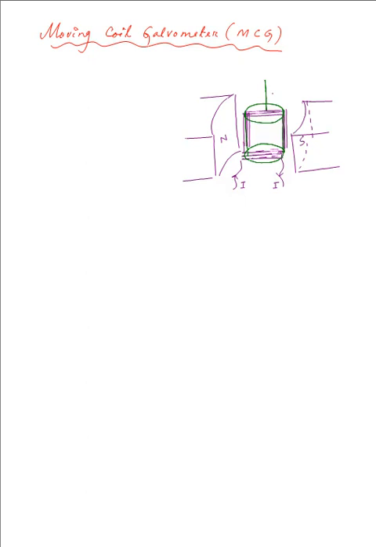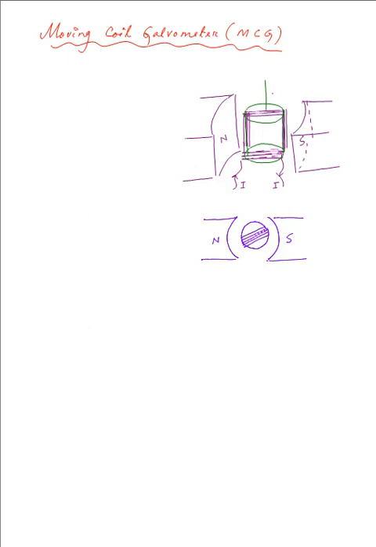Now we can have a top view of it. The top view will be much more pleasing, I would say, where we have the North Pole, the curved surface of the North Pole, and the South Pole over here, and the cylindrical core from the top view looks like this, and over it, maybe at a certain instantaneous angle, the wires which are wound, and they carry the current with it.